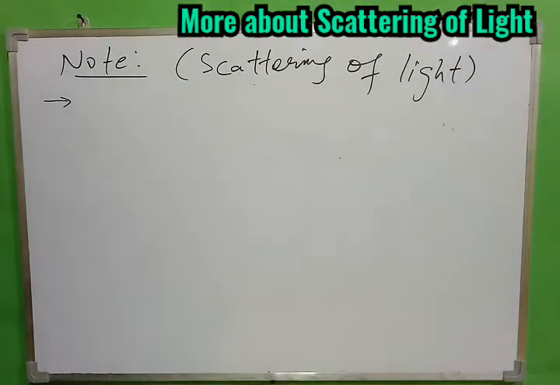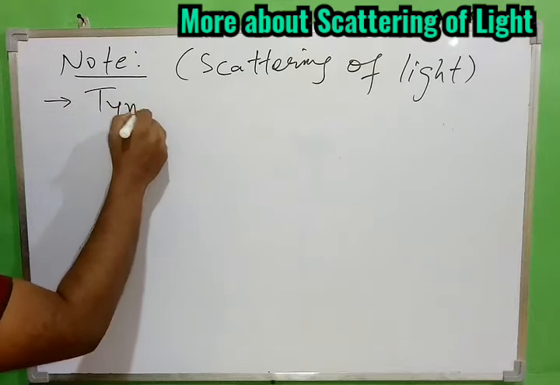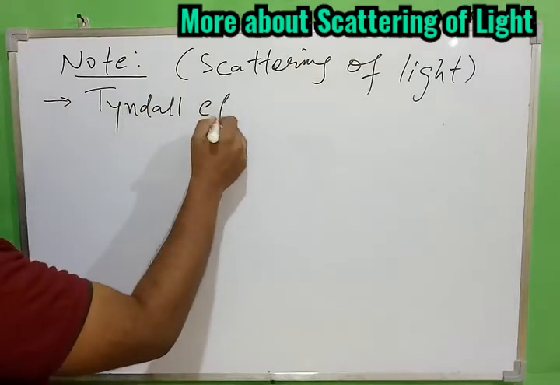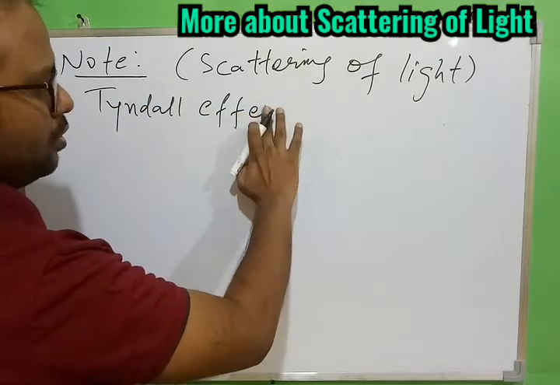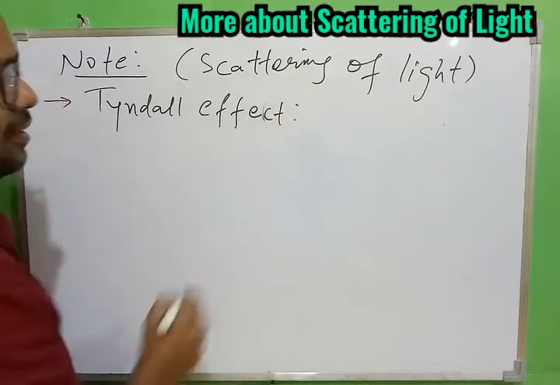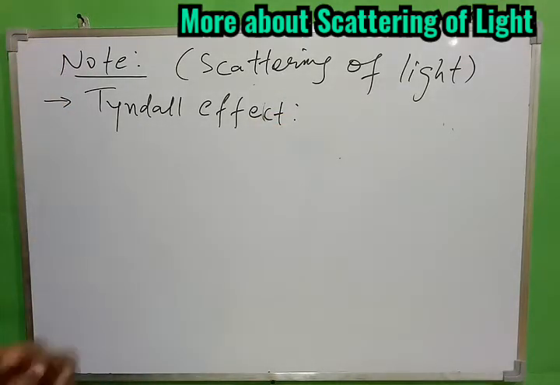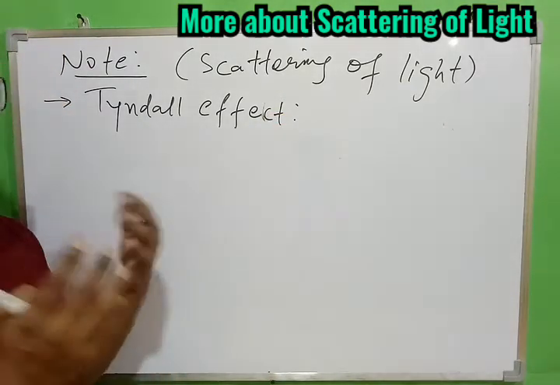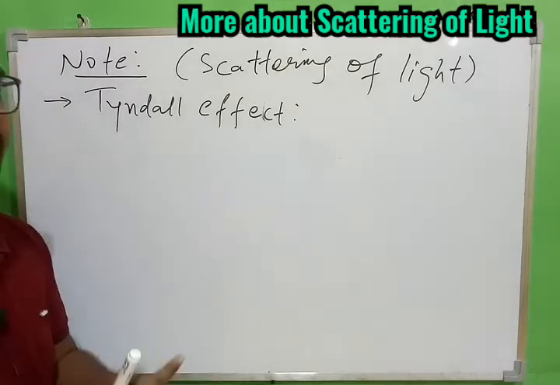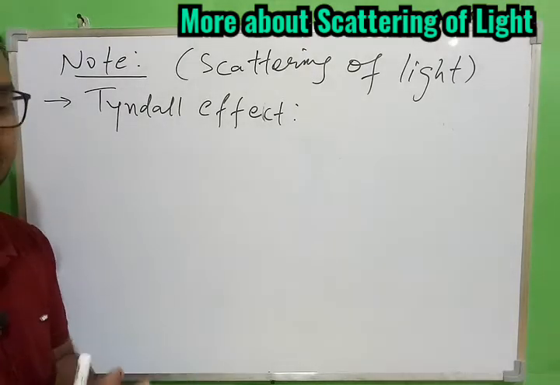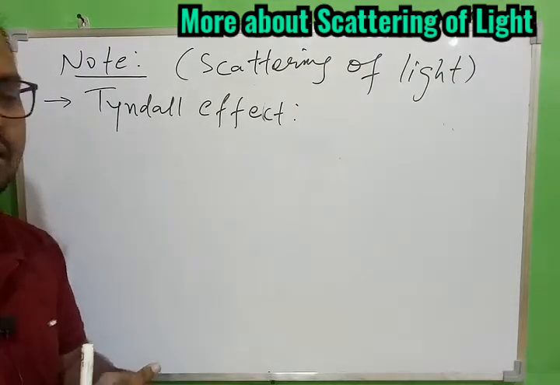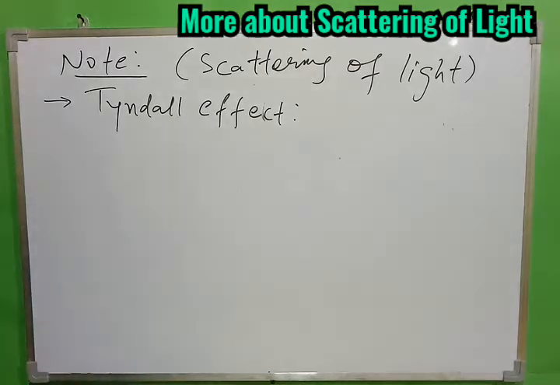So the very first thing is, we understood the Tyndall effect in class 9th. Overall this Tyndall effect is just because of scattering of light. Okay, so we understood Tyndall effect is nothing but the colloidal particles scatter the light, and because of that scattering, the path of the ray of light becomes visible to us, and that is given the name Tyndall effect.